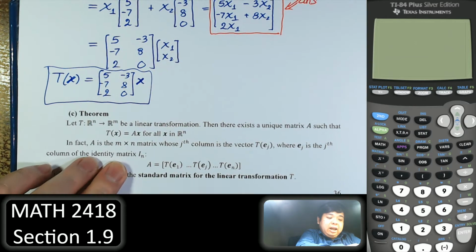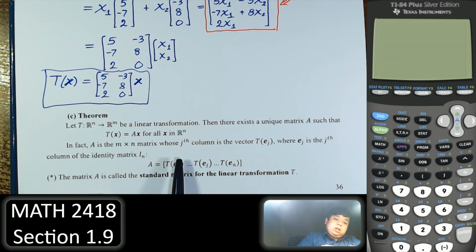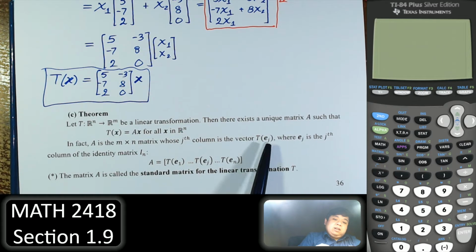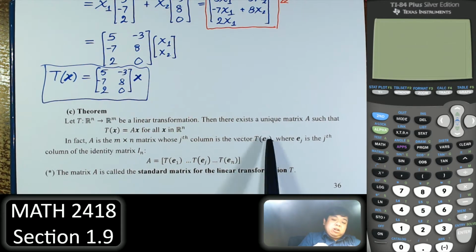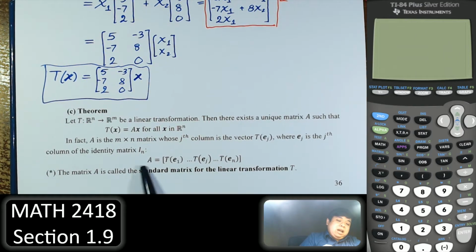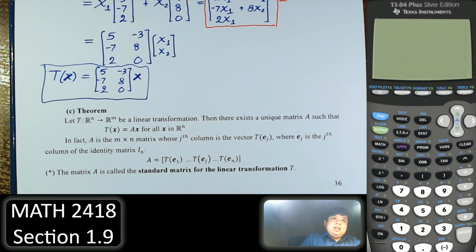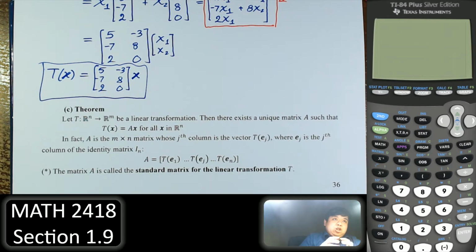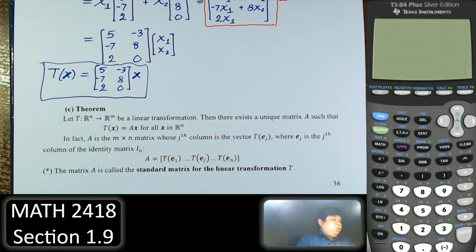In fact, A is an m by n matrix whose columns are the vectors that are the transformation of the columns of the identity matrix. I put all of that into the matrix, and that gives us the matrix A, which is called the standard matrix for the linear transformation T. So that is the matrix associated to the linear transformation.